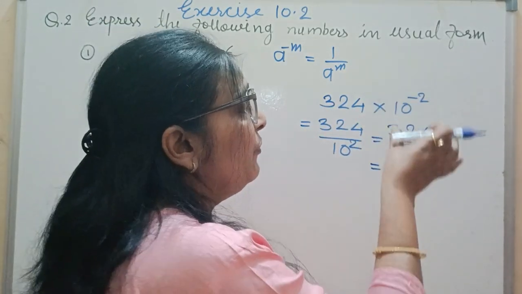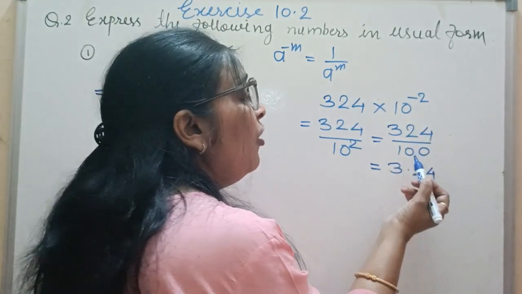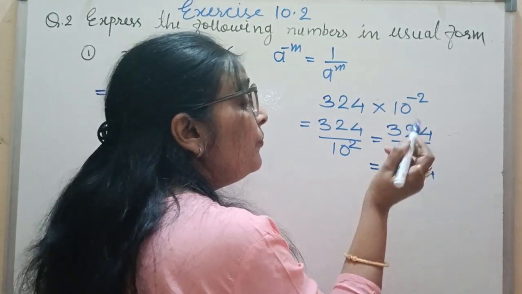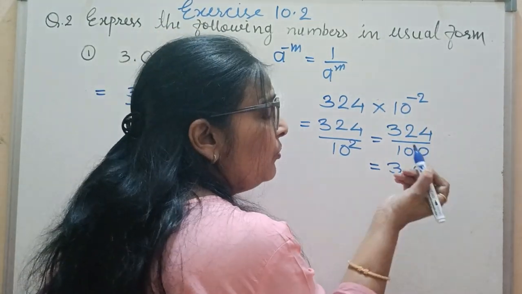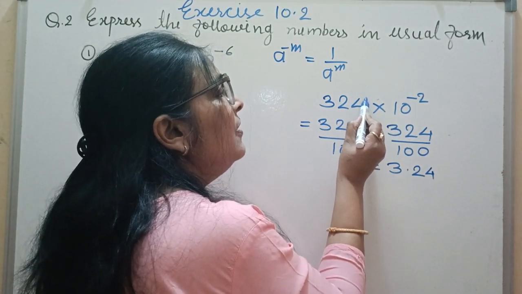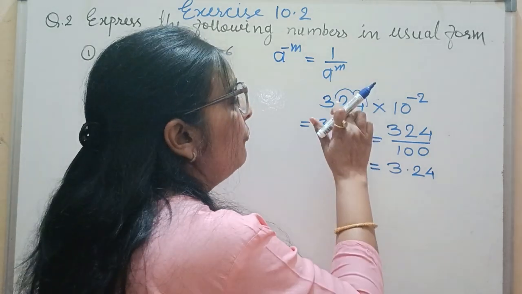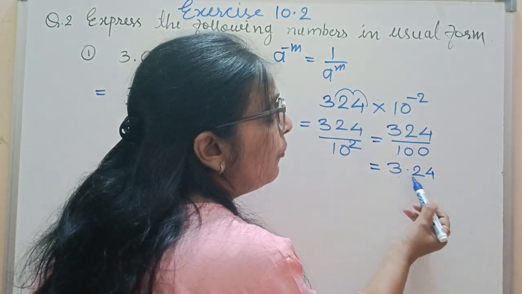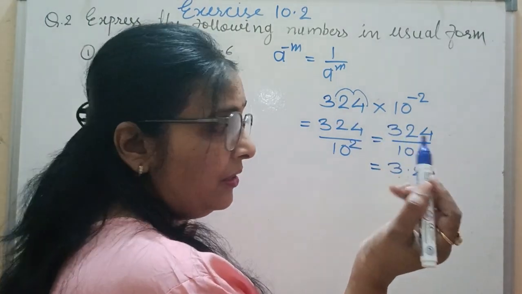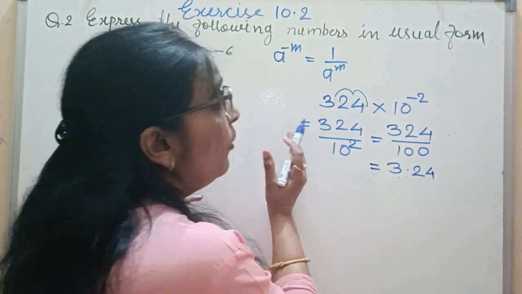But when we are dividing it with the multiple of 10, then how many zeros are there? Here 2 zeros are there. Therefore, from here 2 places towards the left we shifted the decimal point and we got 3.24.